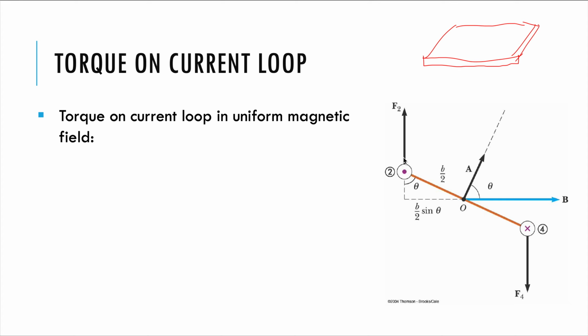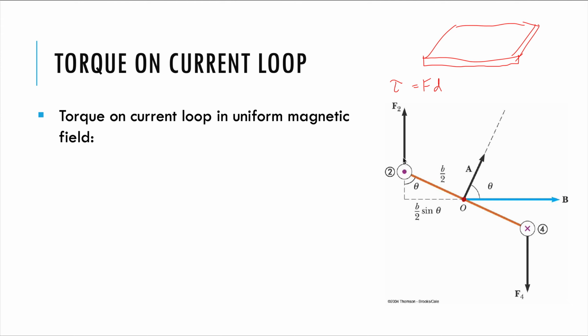Another way to find torque when the force is not perpendicular to the object being rotated is to find the magnitude of the torque, which is just the force times the moment arm. And the moment arm is the perpendicular distance from the pivot to the force.